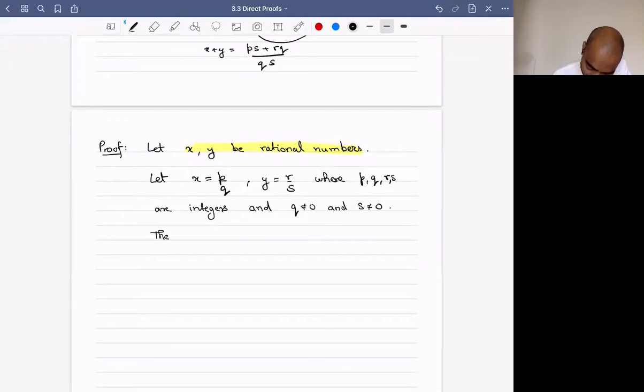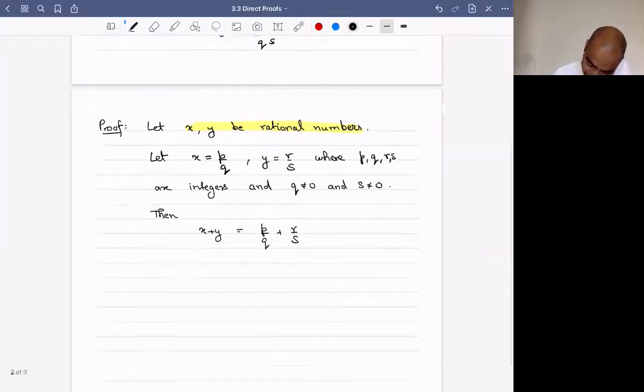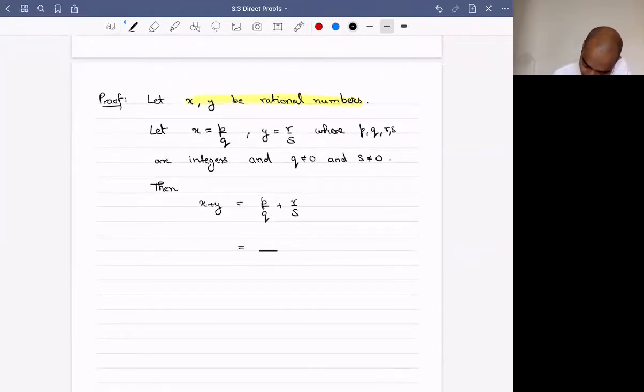Then x plus y is p over q plus r over s, which is equal to ps plus qr over qs. Another thing, you should never have two equal signs in the same line. If you have an equation with multiple equal signs, this is how you write them, one below the other.